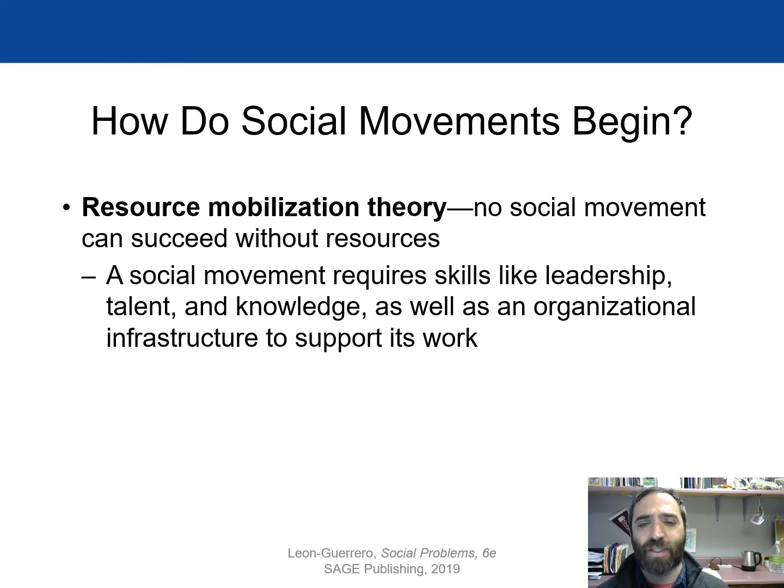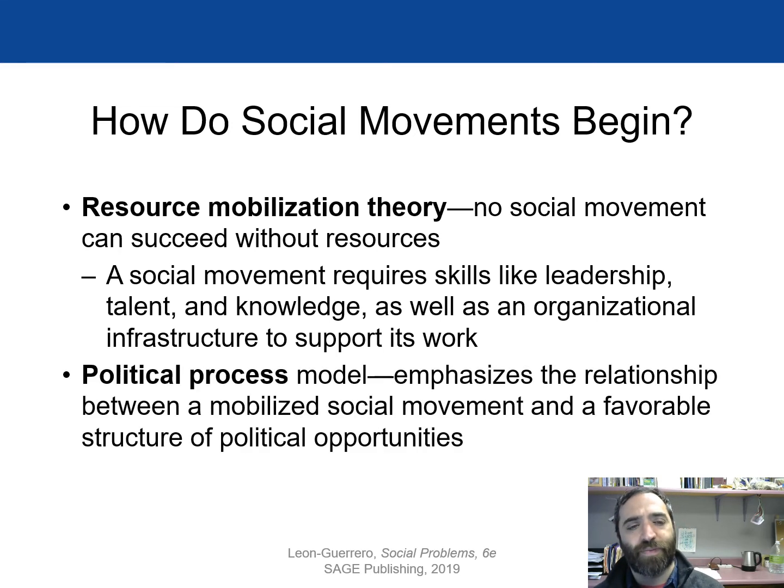You're going to need a website. You're going to need volunteers to help people understand how they can be involved. A political process model emphasizes the relationship between a mobilized social movement and a favorable structure of political opportunities.